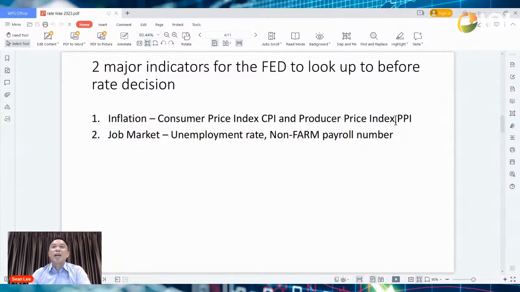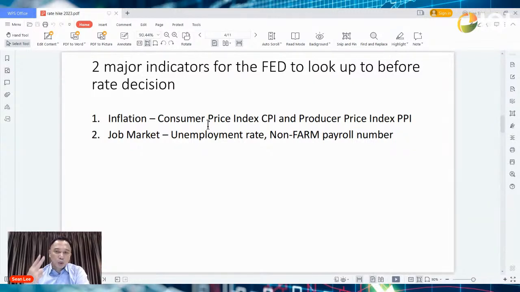Has the manufacturing cost become more expensive? Of course, in general, the higher the inflation rate, whether compared to last month or the same month last year, the heavier the weightage in the Fed's decision.